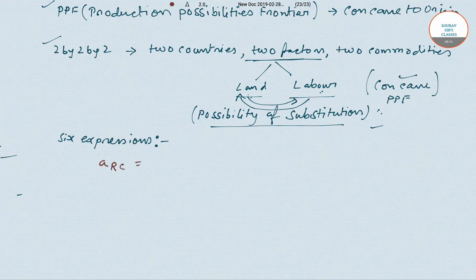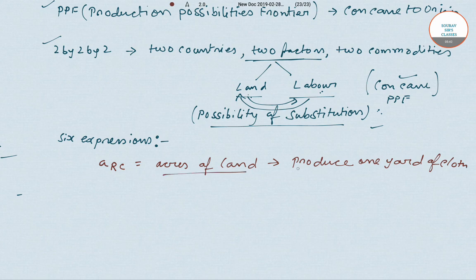ARC, which means acres of land used to produce 1 yard of cloth. And what is ALC?